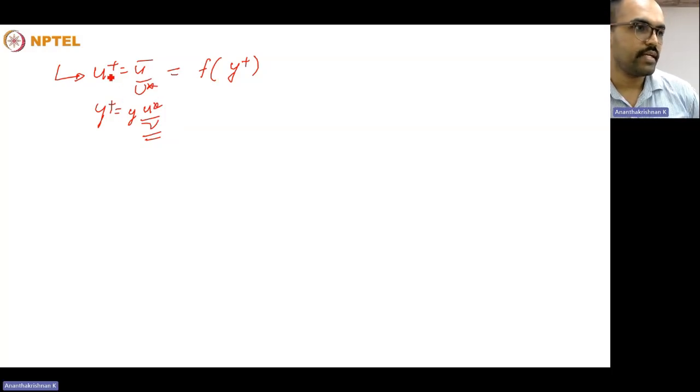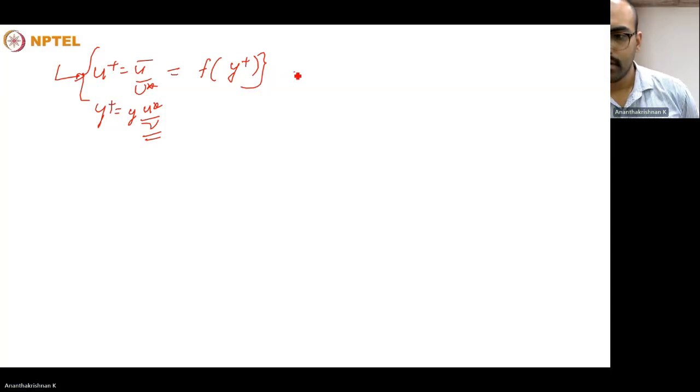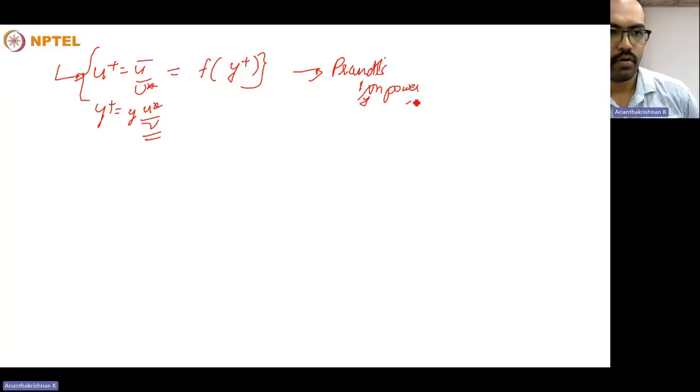So u plus is a function of y plus, and we use a power law, 1/7 power law curve fit, Prandtl's 1/7 power law.